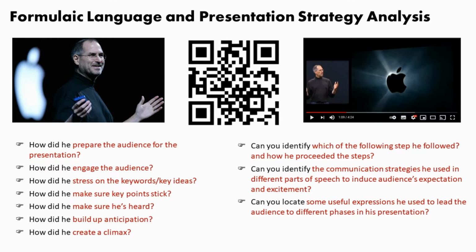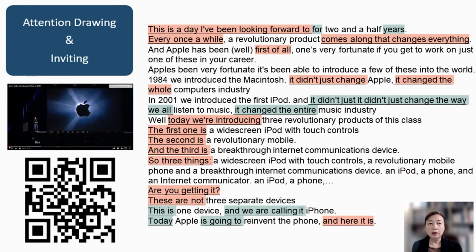In my class, students chose Steve Jobs as the presentation model. When we look closely at his speech, we can see that he used a lot of formulaic expressions in his presentation. "Today is the day I've been looking forward to." This is an attitude, this is a stance. "The first one is, the second one is, and the third one is", so three things.